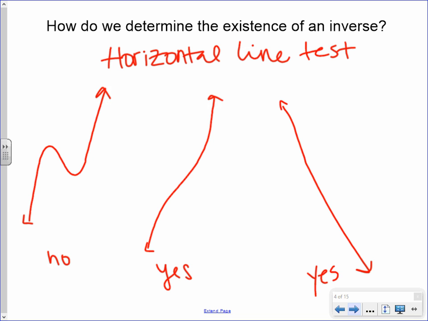What happens in this graph? This graph increases, decreases, then increases, right? It changes direction. Do these two graphs change direction? No. Since these two graphs do not change direction, they will pass the horizontal line test. Since this graph changes direction, it's not going to pass the horizontal line test. You see that? All right, so we have a name.